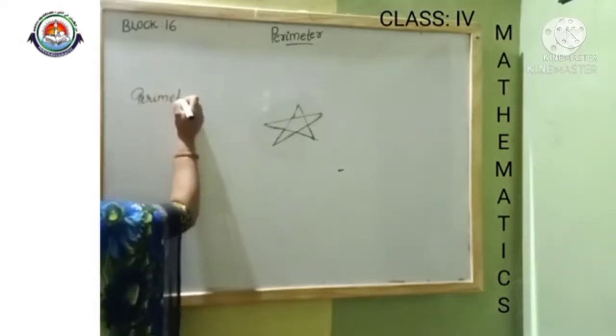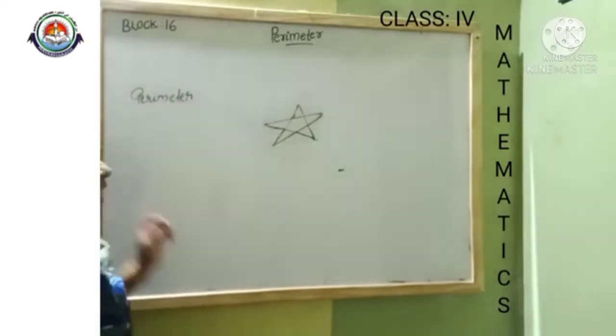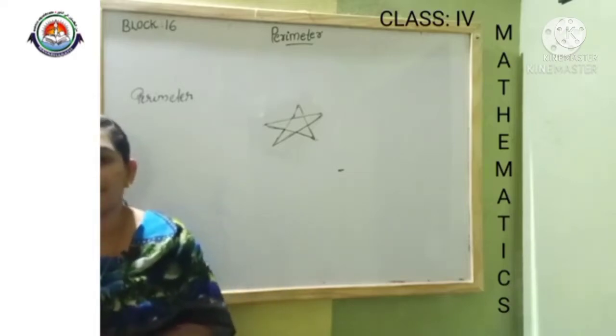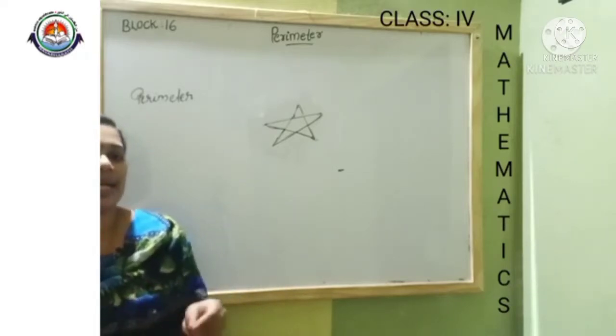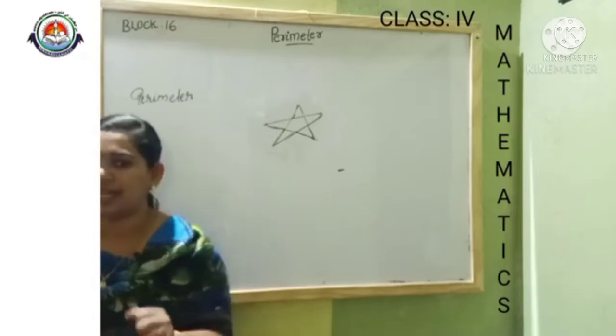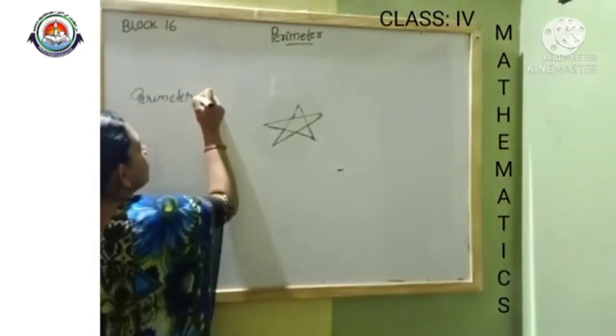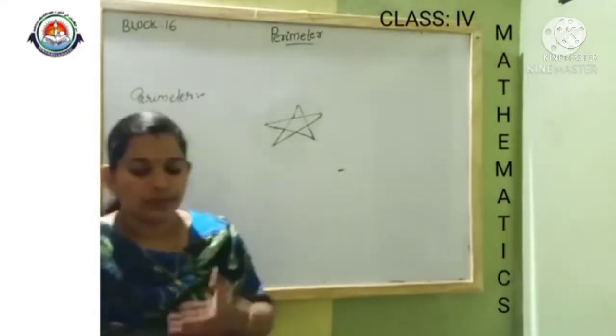What is the spelling of perimeter? P-E-R-I-M-E-T-E-R. Perimeter. Write the definition of perimeter.